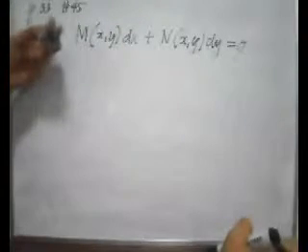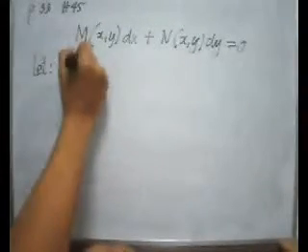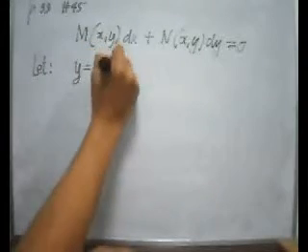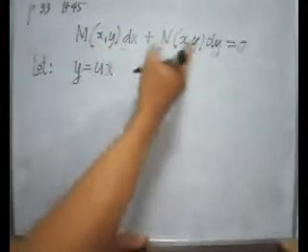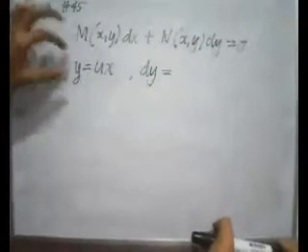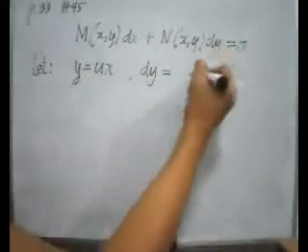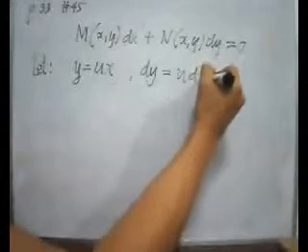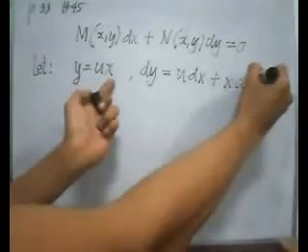Now, the first step is to make a substitution for this homogeneous differential equation. We let y be equal to ux. I will substitute y here, and then for dy, since the context is that I have y, I will get the derivative dy, which is equal to u dx, a product rule, plus x du.